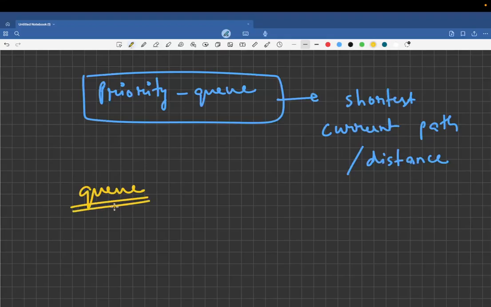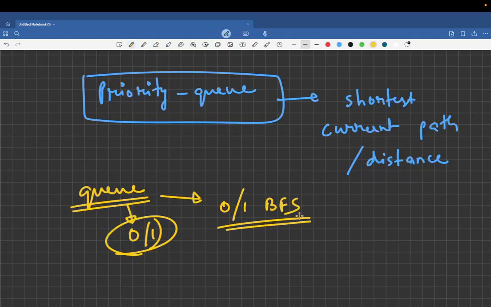And the reason I told there was that since the weight of the edges is either 0 or 1, you can definitely use a queue instead of a priority queue, and this comes under 0-1 BFS. This is because what is the need of priority queue?